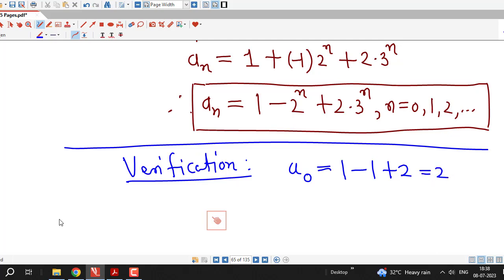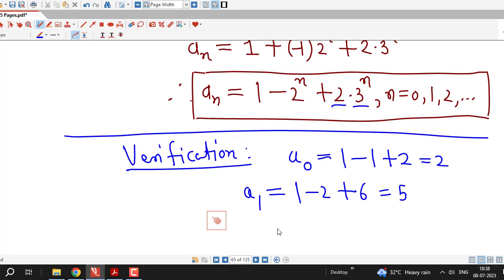So I obtain a0 equal to 2. Similarly, I take n equal to 1 and I have 1 minus 2 plus 2 into 3, that is 6, and this is going to be 5, and a2 must be equal to 15.